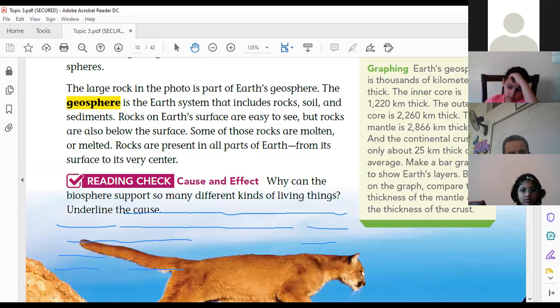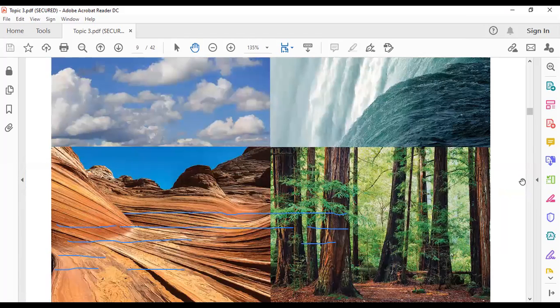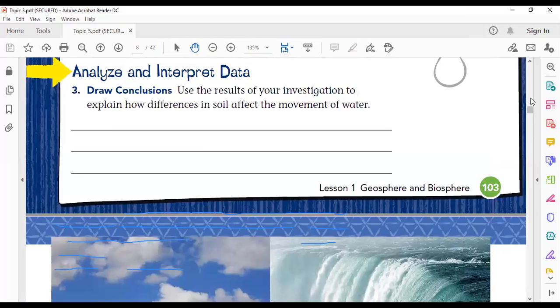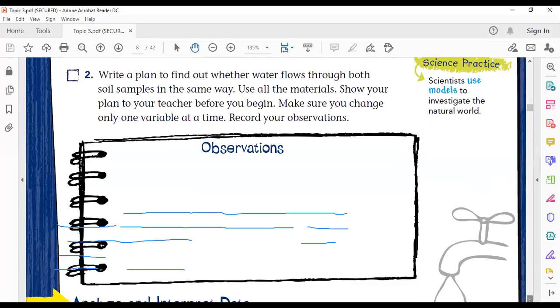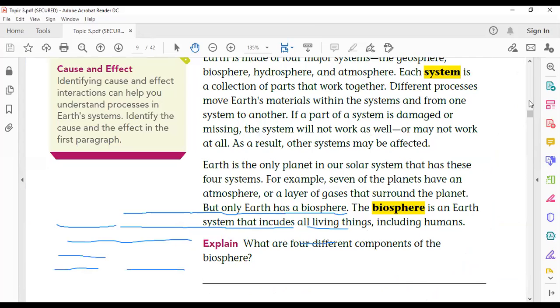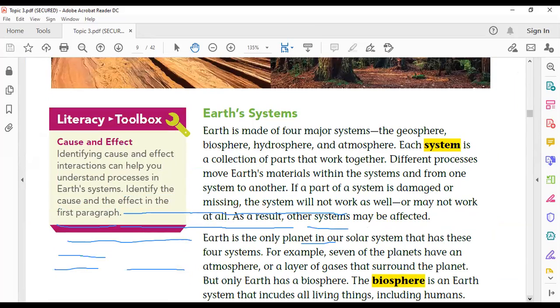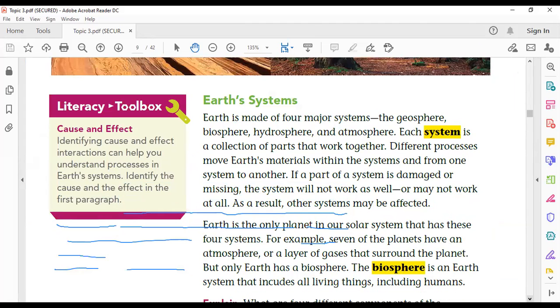Okay, I want to summarize the lesson today. The Earth is a system made of many parts that work together. These parts are the geosphere, biosphere, hydrosphere, and atmosphere.